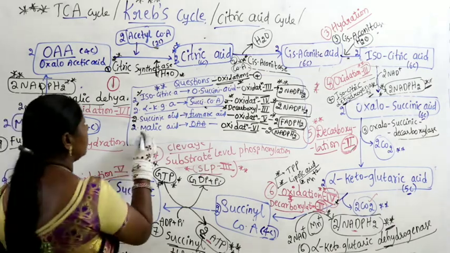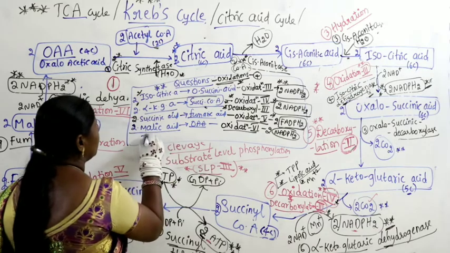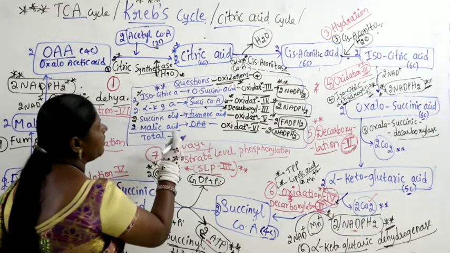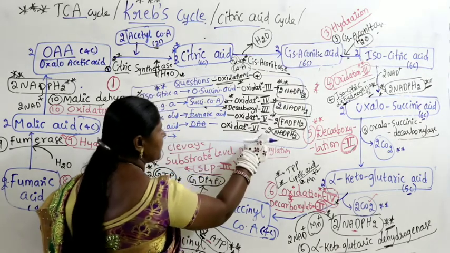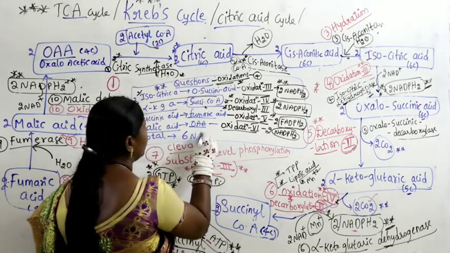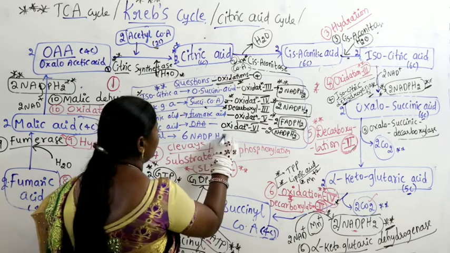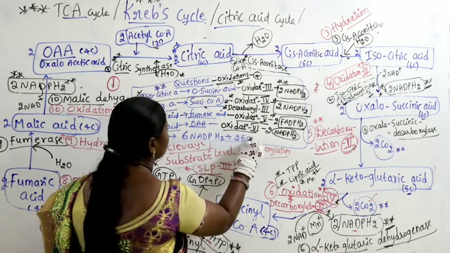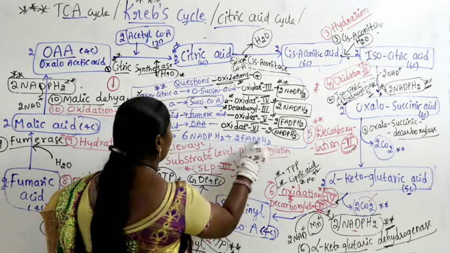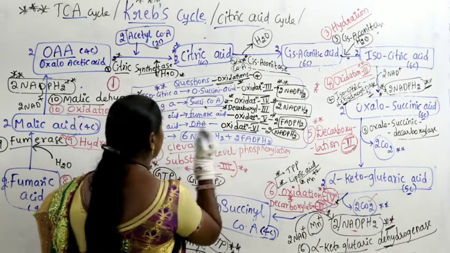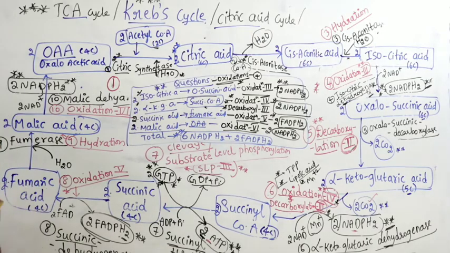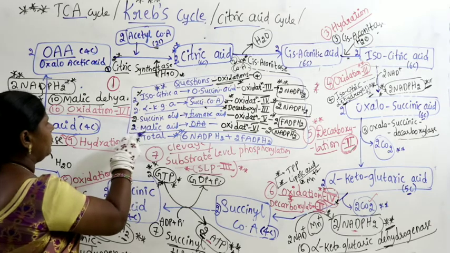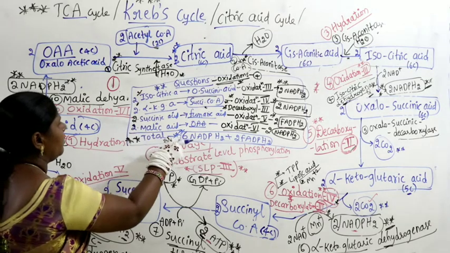So totally there are how many NADPH2? 2 plus 2 is 4, plus 2 is 6. 6 NADPH2 plus 2 FADPH2 are produced as a result of oxidation. So this is very important.